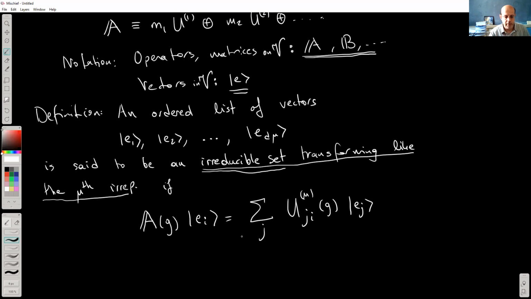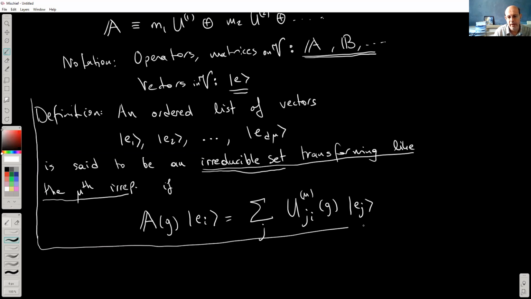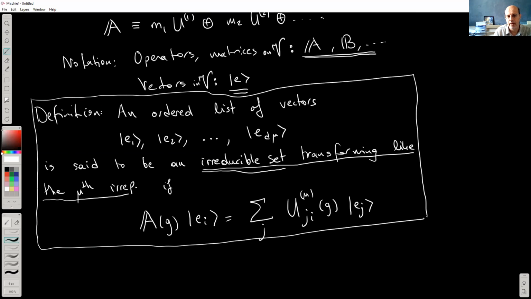So let me box this because I'm going to construct other things on top of that. There's some kind of an unusual order in here.